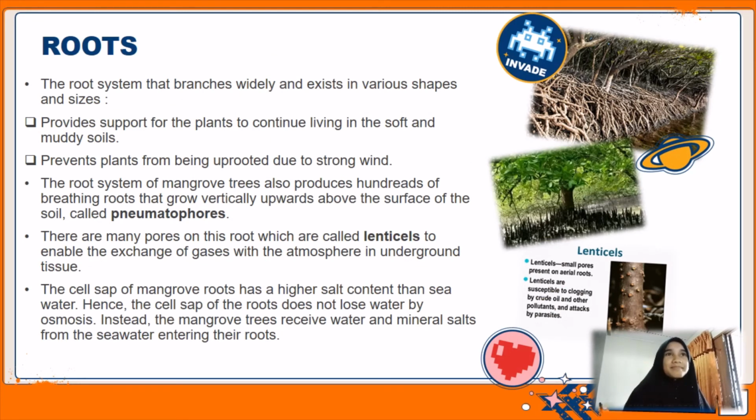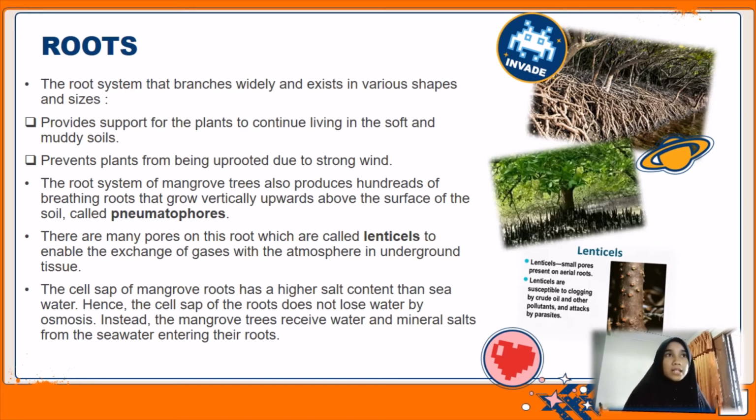Roots. The root system that branches widely and exists in various shapes and sizes provides support for the plants to continue living in the soft and muddy soils. It prevents plants from being uprooted due to strong wind.